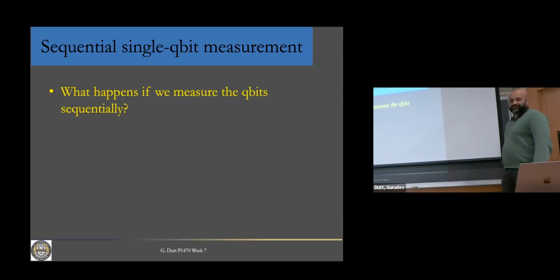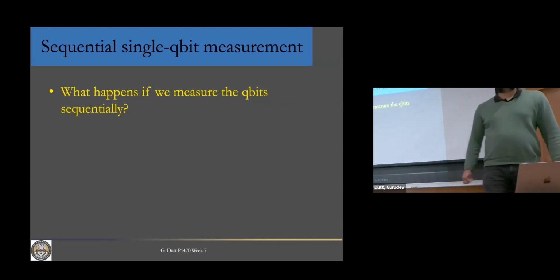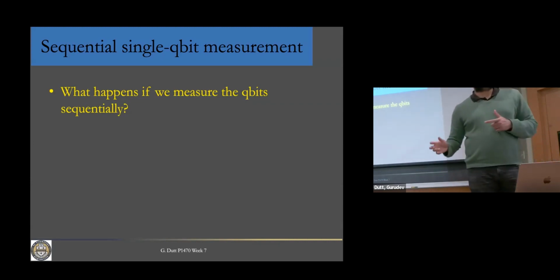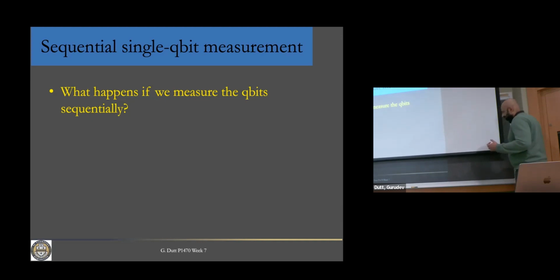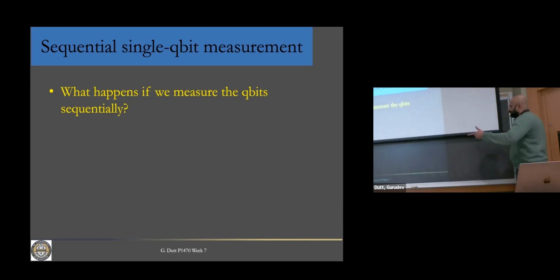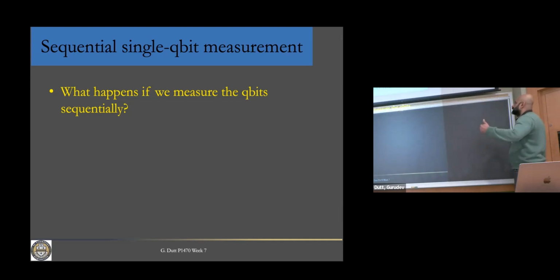Okay, so what happens if, instead of measuring like we have so far, say 0, 0, or 0, 1, we measure the qubits sequentially, one after the other? What I mean by that is, after we have measured the left qubit in that 2-qubit state, let me write it down again.